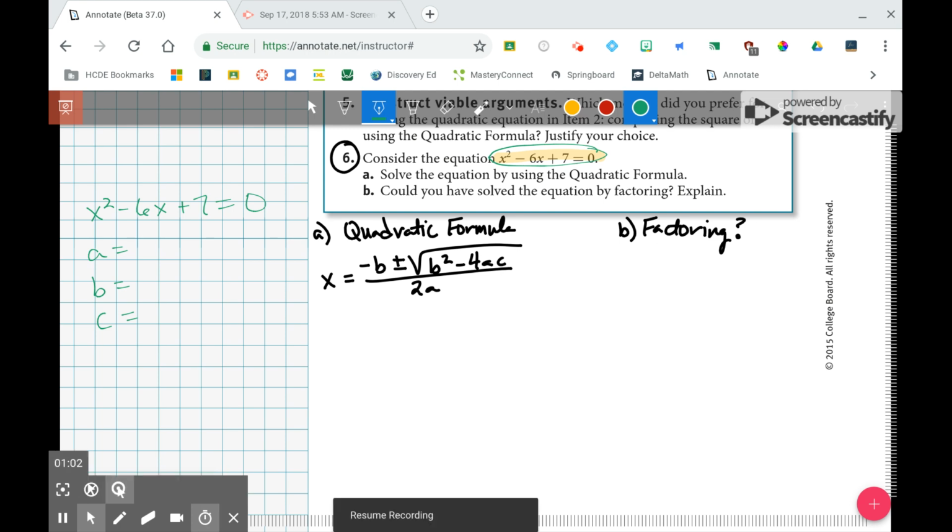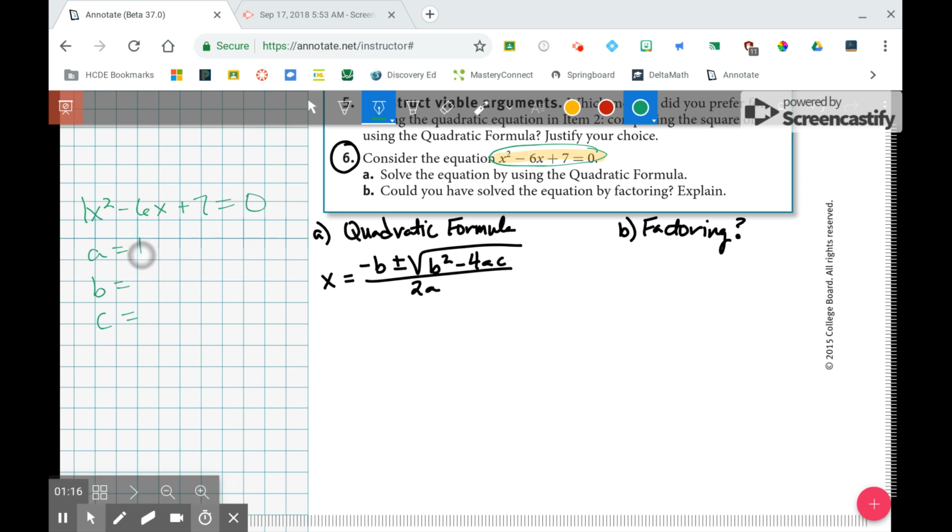Identify b. Identify c. So a, even though there's not a number in front of that x squared, we know there's an understood 1, a placeholder of 1. In front of the x is a negative 6, and then the constant is 7. So a is 1, b is negative 6, c is 7.